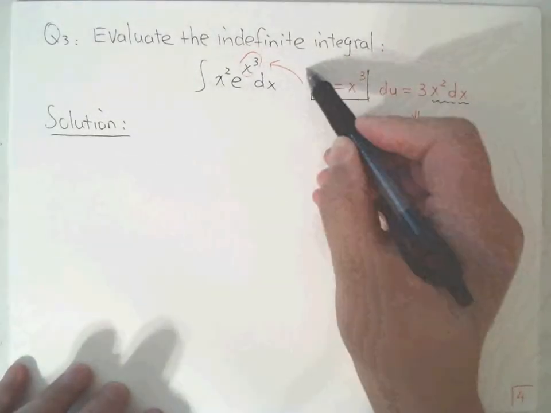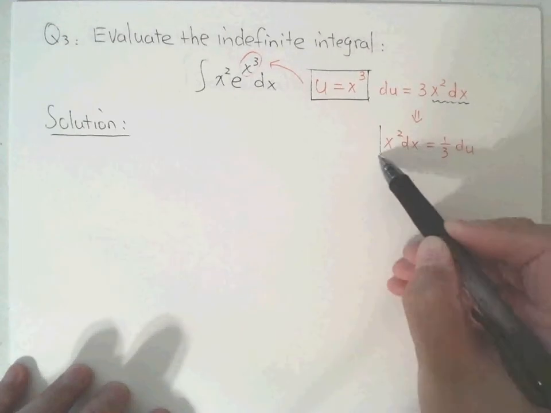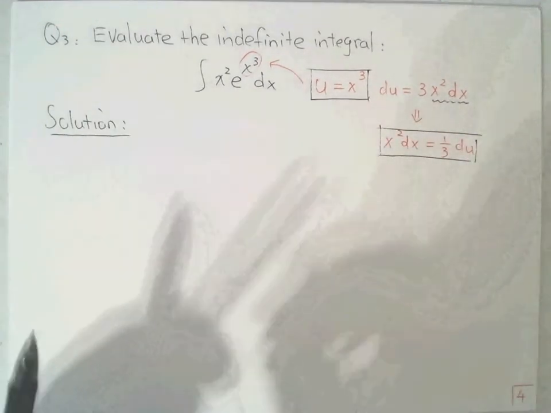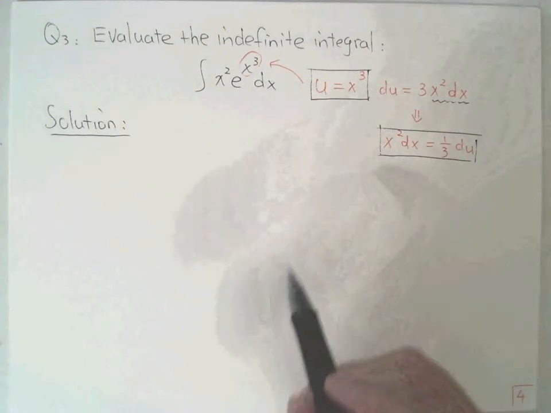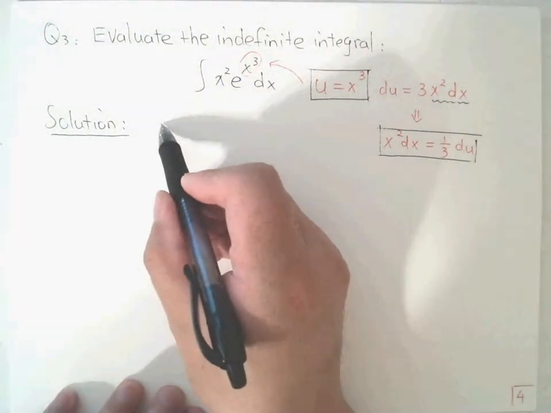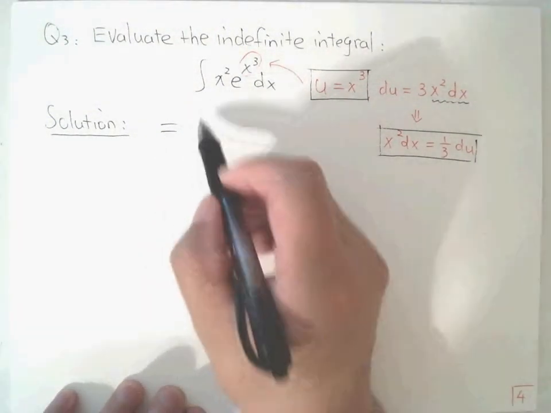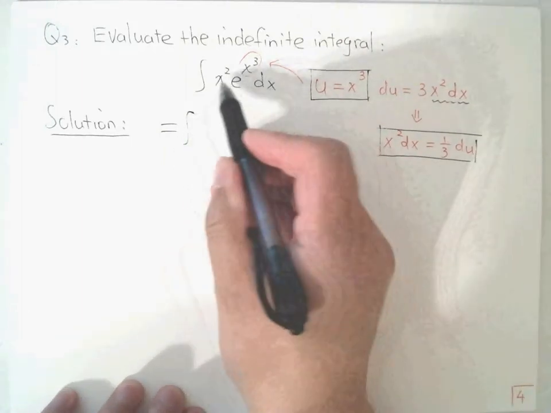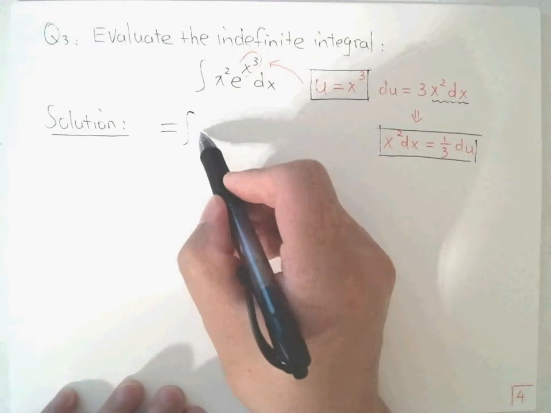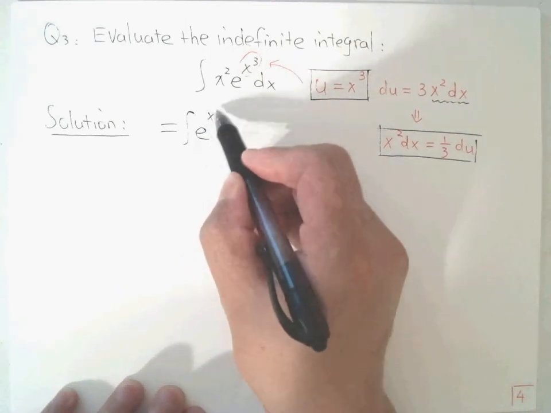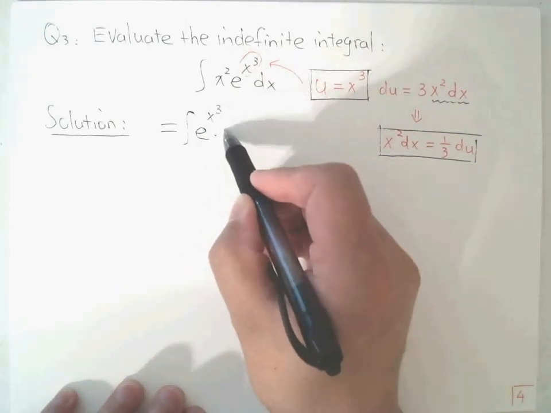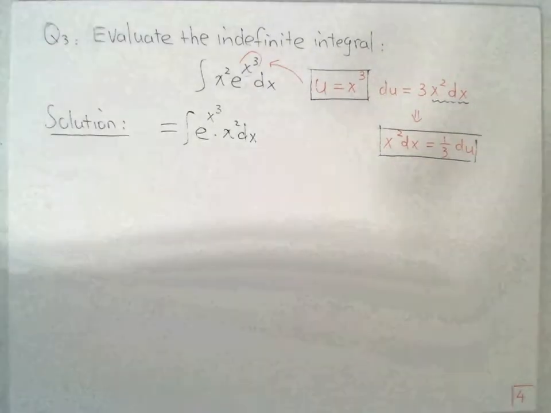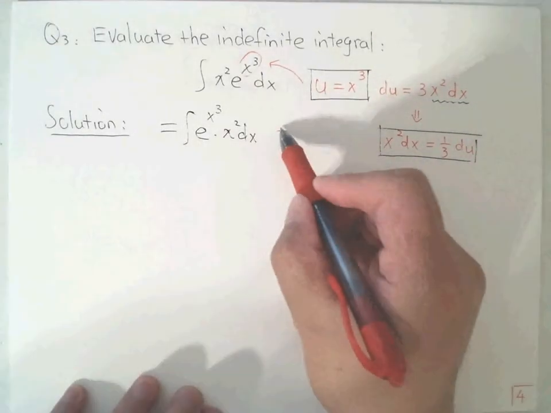So this is the first part we need for substitution, and this part is for the dx part, the second part we have. Then I'm going to put it here. We change the order first, so this times x squared dx.